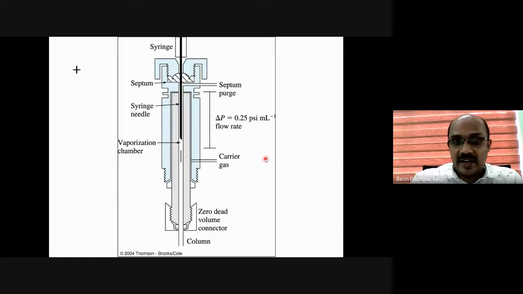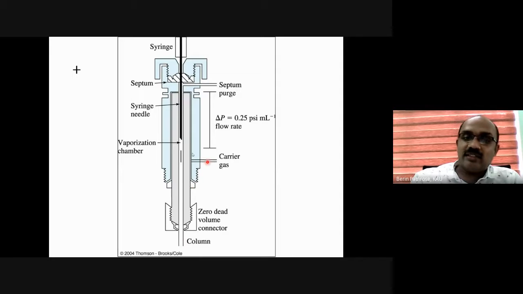So here the carrier gas will be connected to the injector at this point. Carrier gas coming from the cylinders will reach over here. It is held at high pressure so that the carrier gas will carry the vaporized sample through the injector into the column. This injector is directly connected to the column. You can see it.